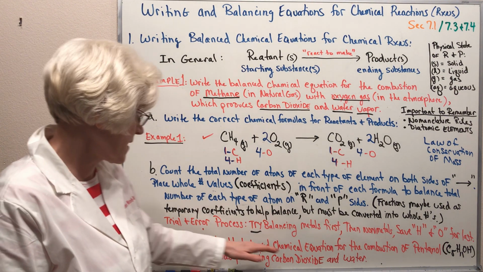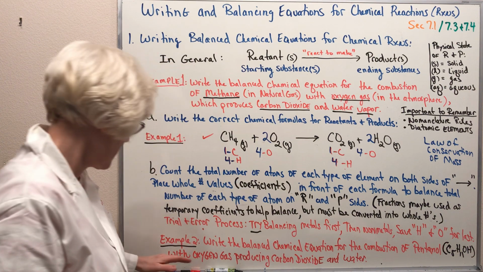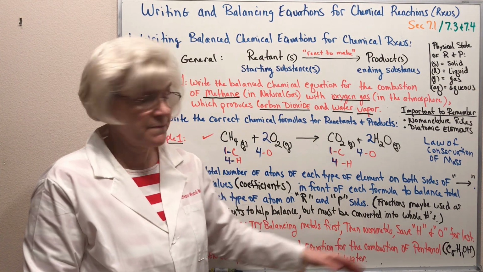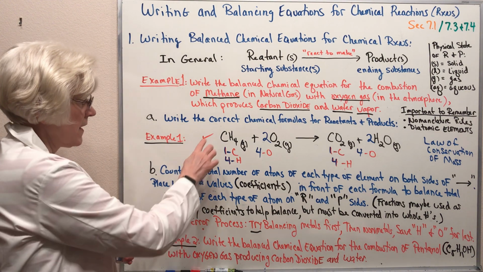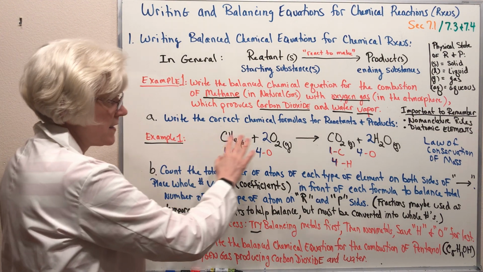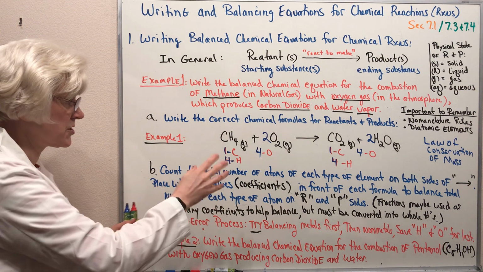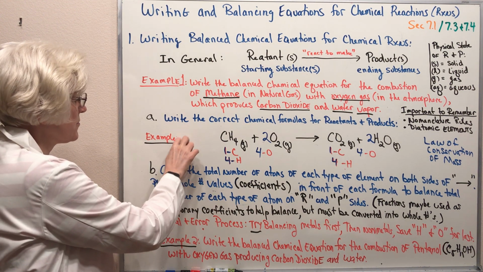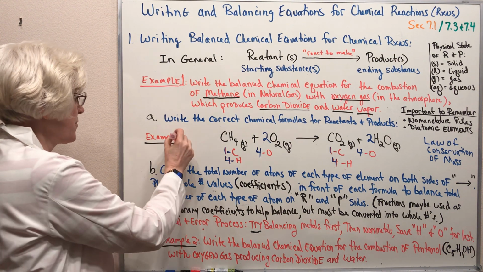So we're looking at the combustion of pentanol with oxygen gas producing carbon dioxide and water. So you can see here that I was trying to make efficient use of the equation that I have already written here. I'm going to change this notation to example 2.